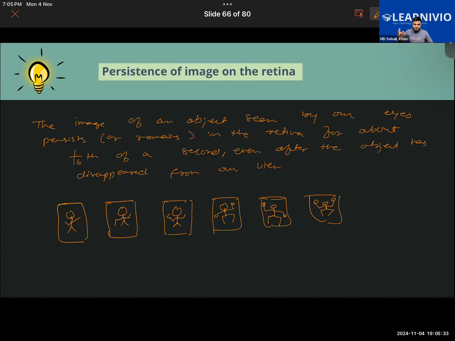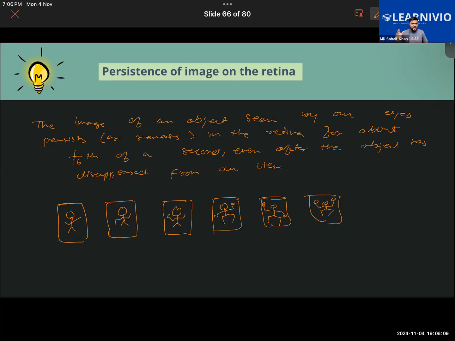Yes, Chakrika, Gauri. So if the still pictures, still means something that is at rest, of a moving object are flashed on our eyes at a very fast rate, in fact faster than 16 pictures per second, so in 1 second more than 16 pictures are being flashed, then our eye will perceive this object as moving. And that was the concept used in making the cartoons in the 90s and in the early 70s and 80s.